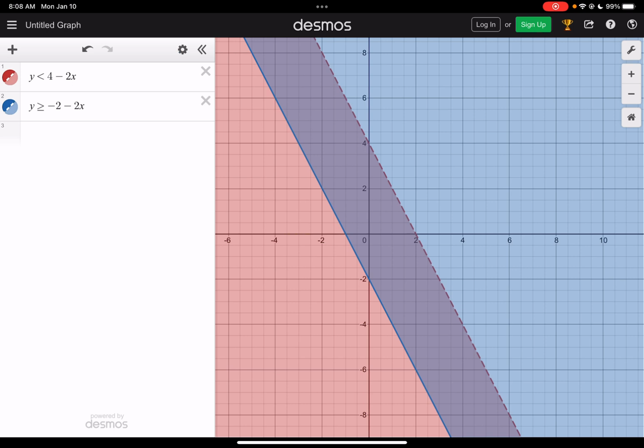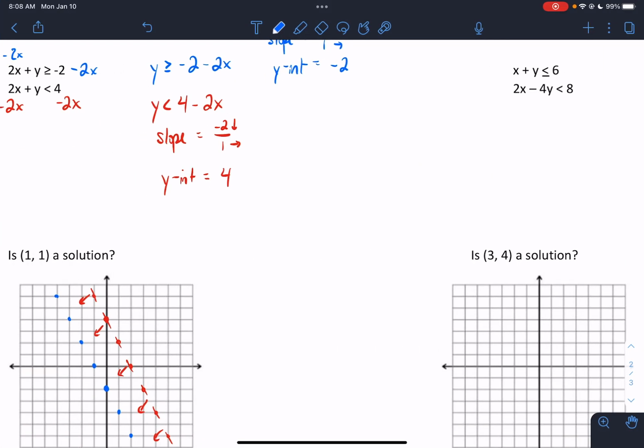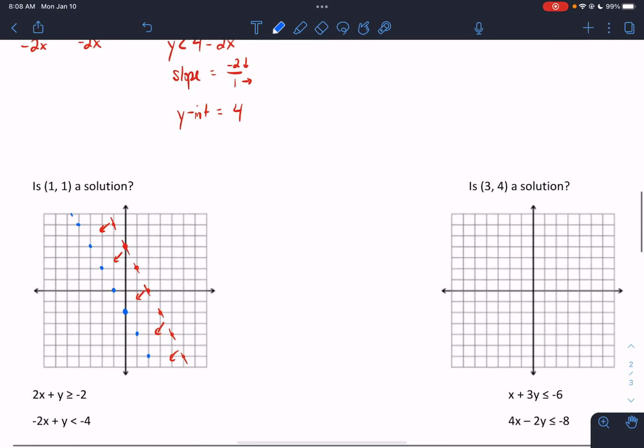There we go. And so again, I've got a solid line that's shaded above, shaded up and to the right. So you've got kind of arrows going at each other.